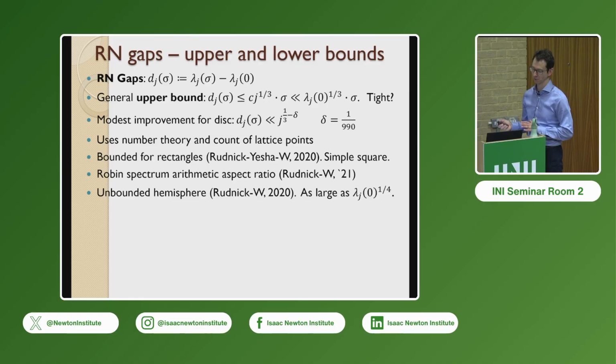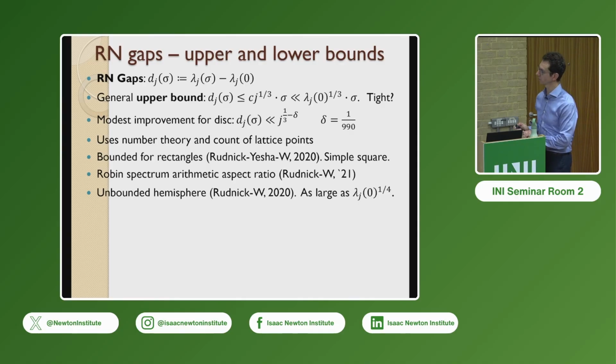When I say simple here, it's a little bit misleading: every eigenvalue appears precisely twice because there is some symmetry. But other than that, this is simple. We also studied the spectrum as a function of the aspect ratio, and it turned out that it is very sensitive to some arithmetic properties of the aspect ratio, such as the Diophantine properties, rationality measure, etc.